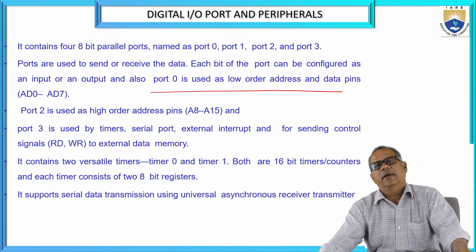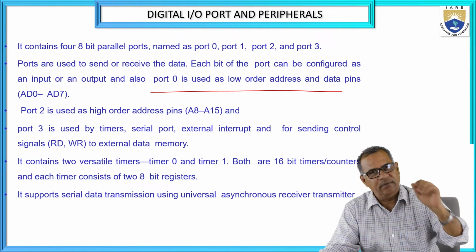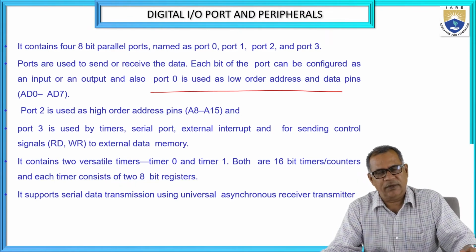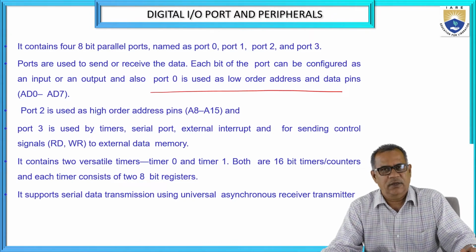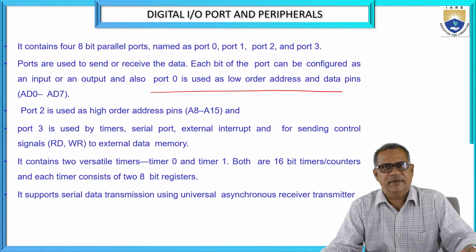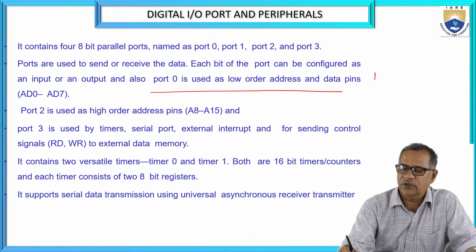See, in case it is required, we can interface external memory to the 8051 microcontroller. For that, you need 16 address lines. The lower byte of the address is provided by port 0, and the lower byte of the address is AD0 to AD7.